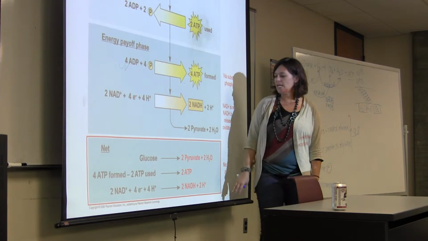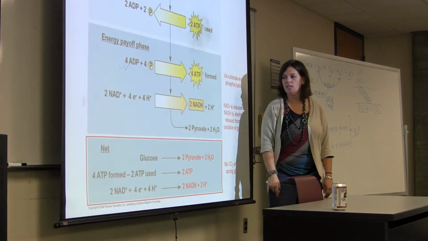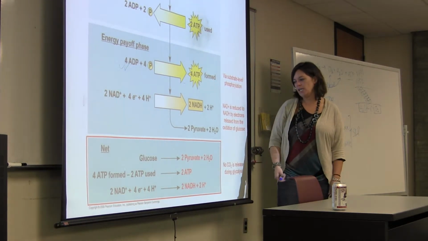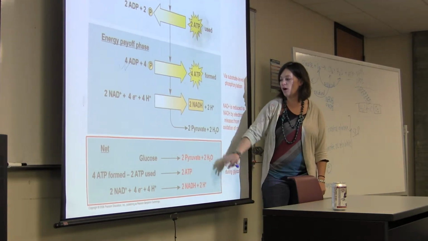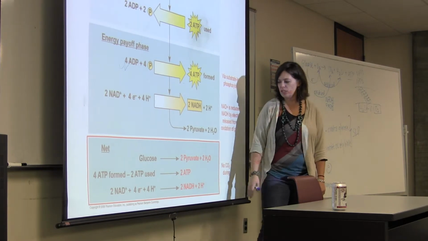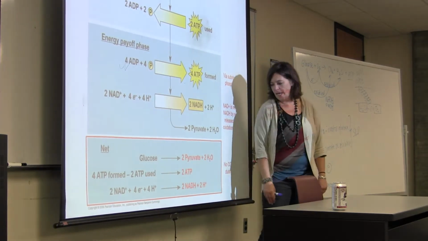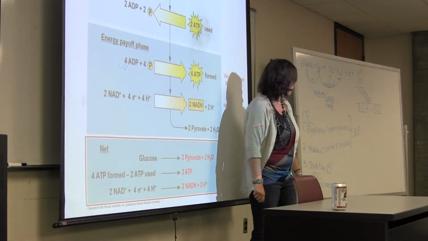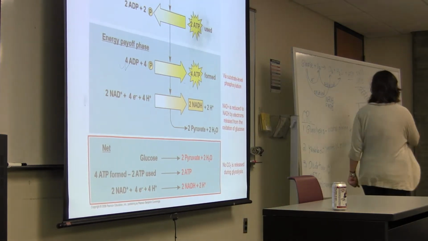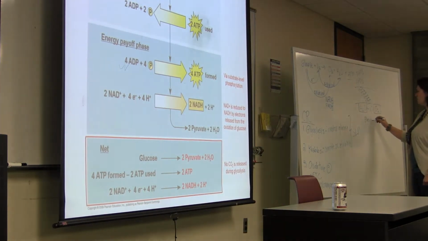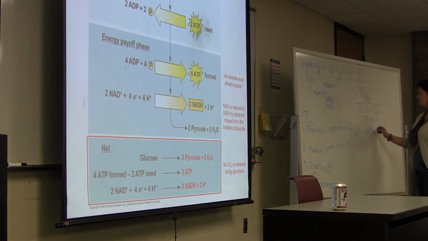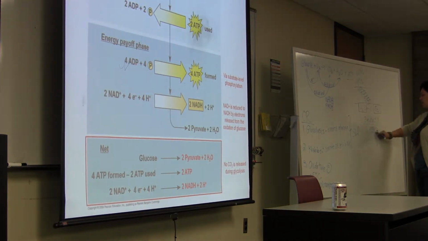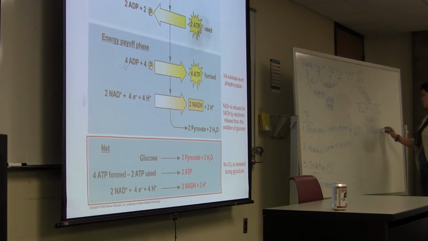At the end of glycolysis, you end up with your 2 pyruvates, 2 molecules of water, 2 ATP, and 2 NADHs. The main products that I want you to know are going to be 2 ATP, 2 NADH, and 2 pyruvate.